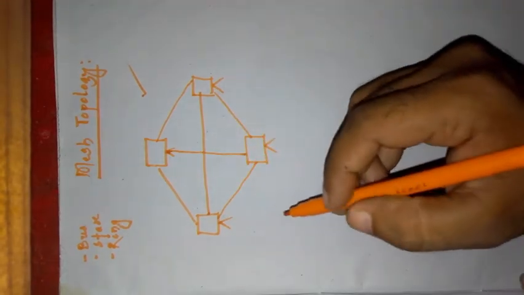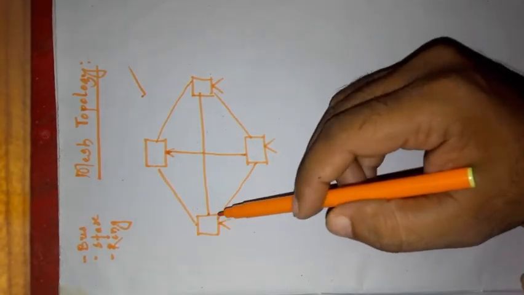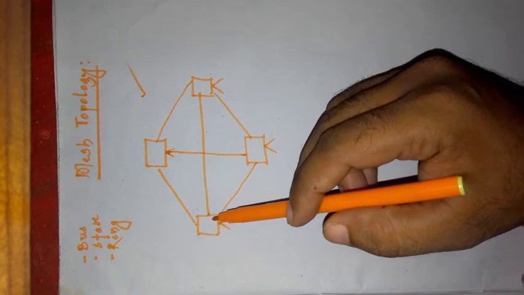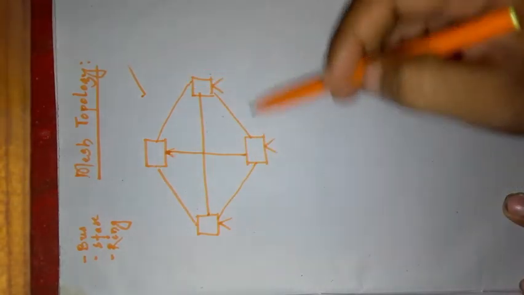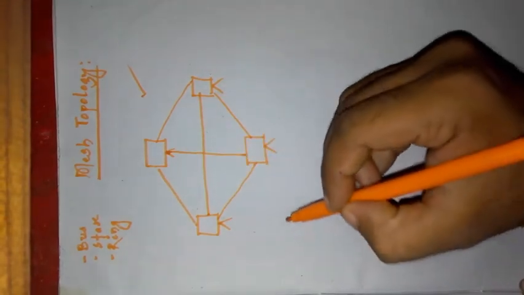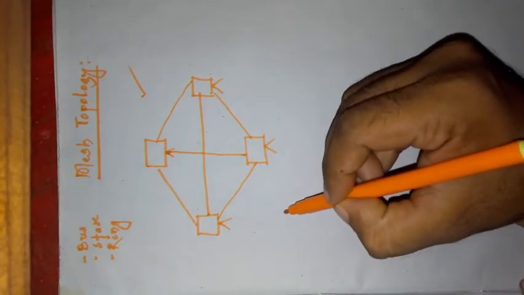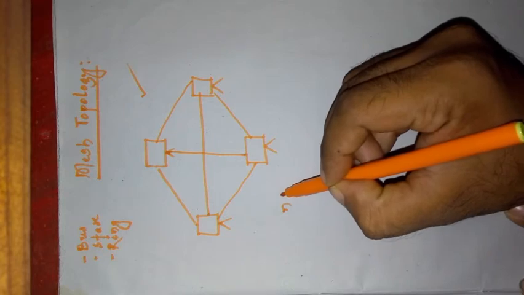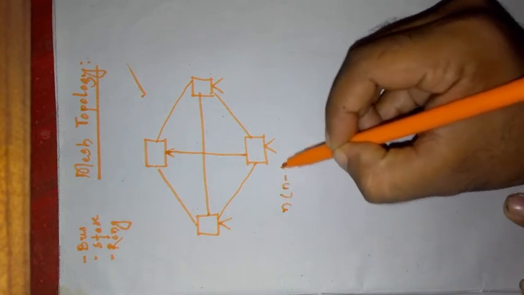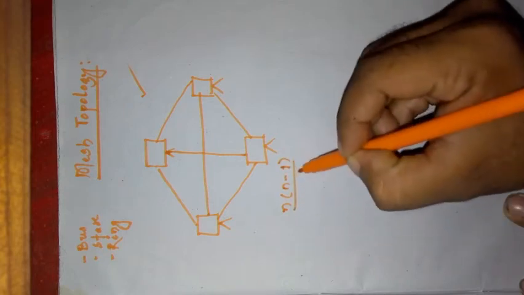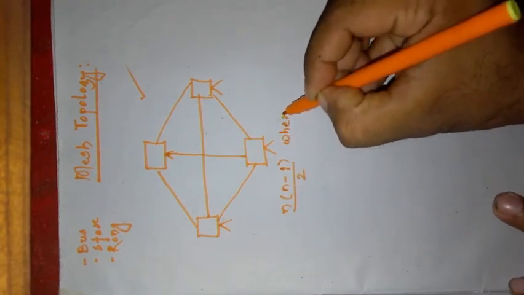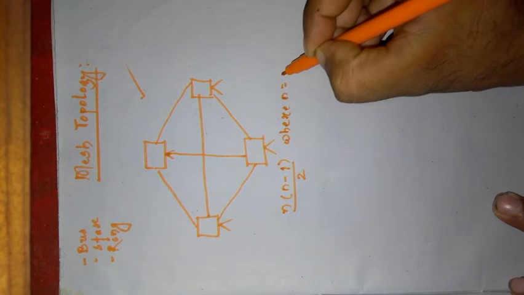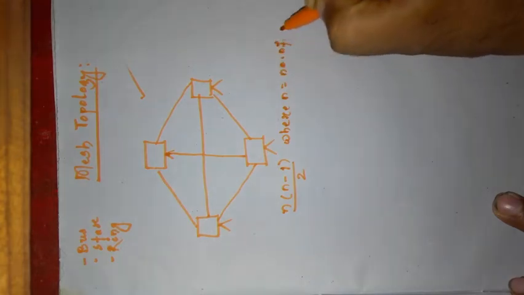So how can you know the number of cables required to connect every system with each other? Let's see a formula: n into n minus 1 divided by 2, where n is equal to the number of systems.